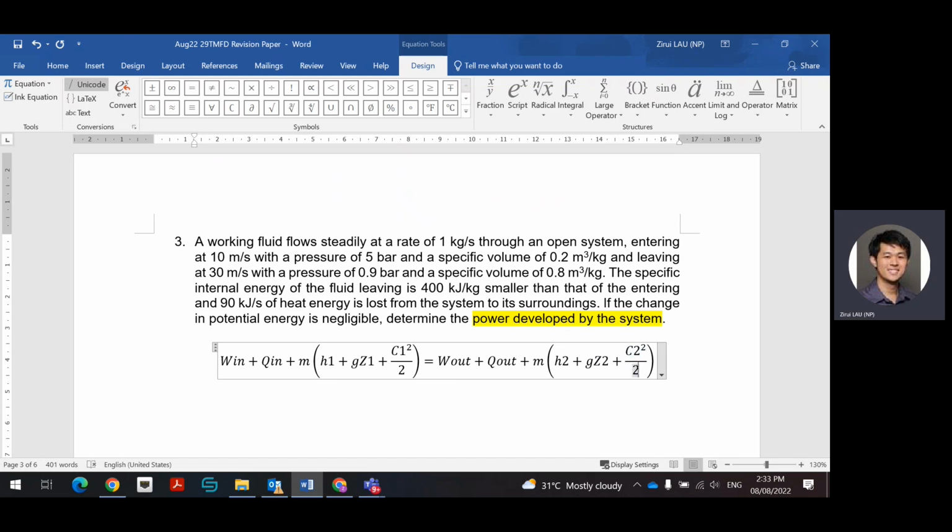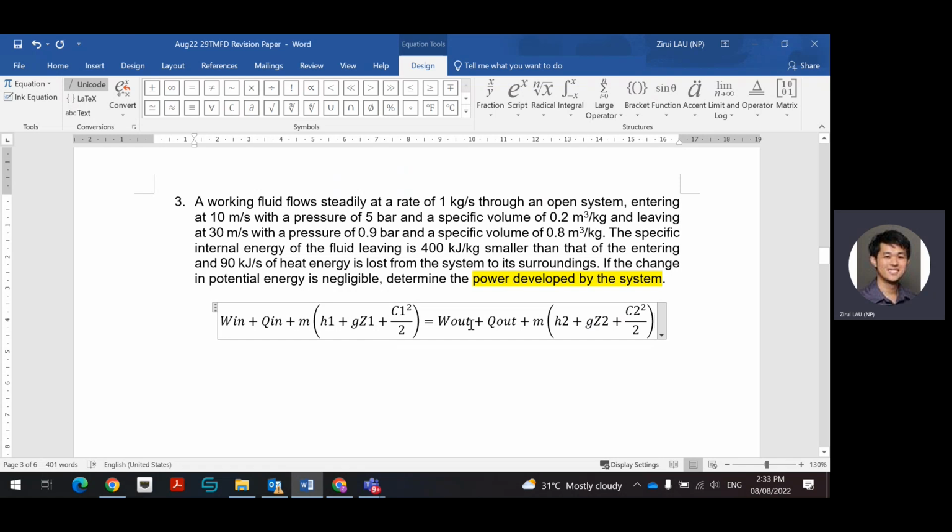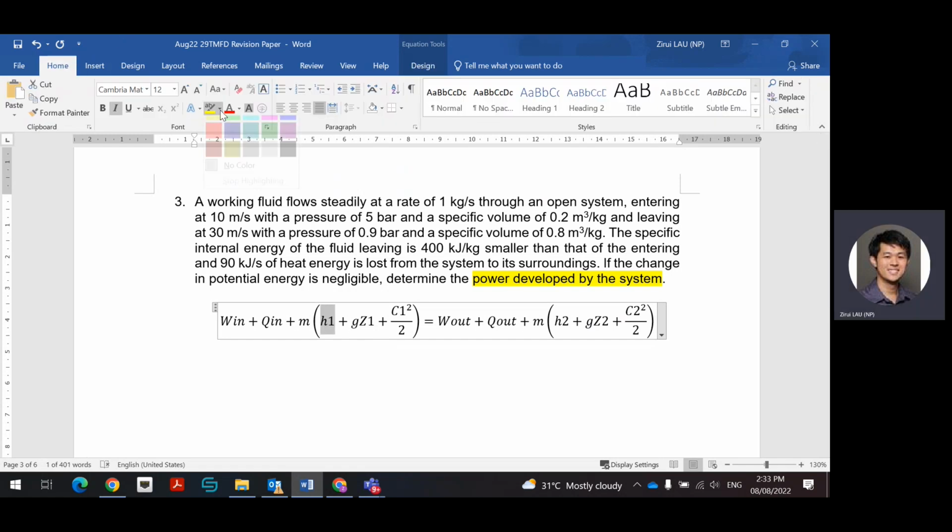So this is your steady flow equation. To use it, we need a few things. The main thing is we need our H1 and H2 values.